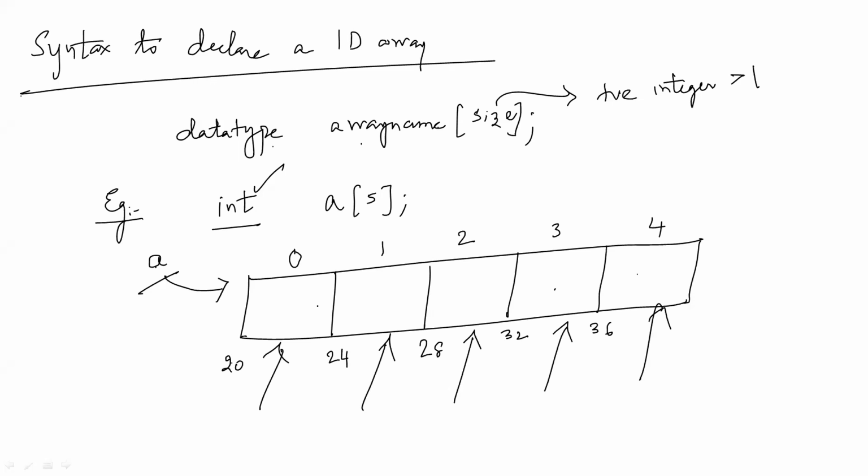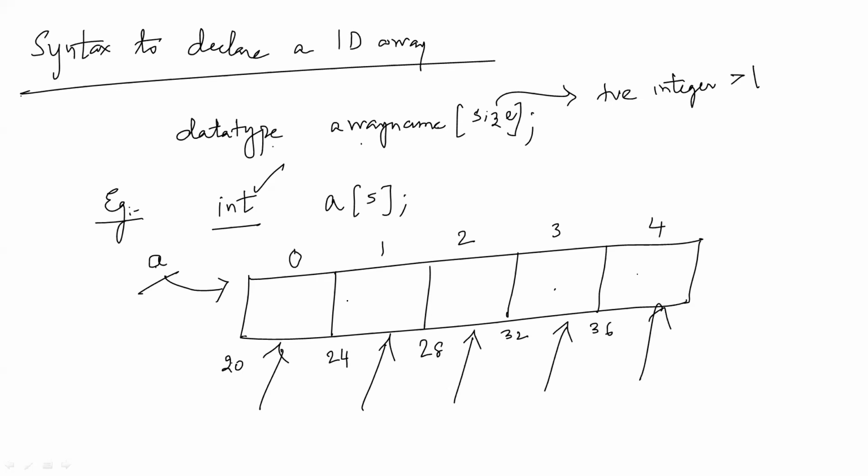Accessing means what, sir? Storing a value into the array memory block, retrieving the value from the array memory block, or retrieving the value and performing an operation on the array memory block, whatever it may be.